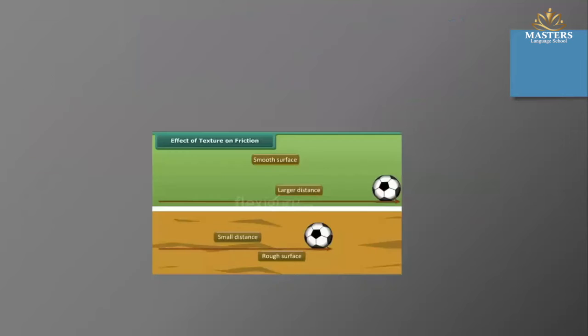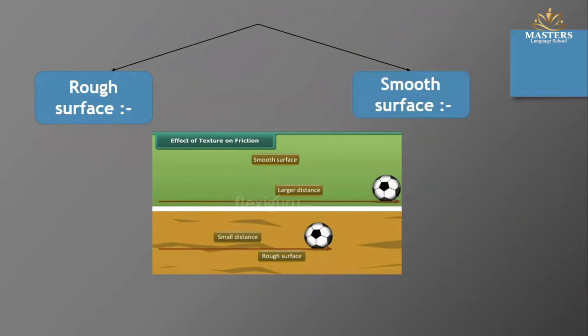Okay, let me answer. Now we have two surfaces. We have a rough surface and a smooth surface. Here is another question: why does the ball move a larger distance on a smooth surface and a small distance on a rough surface? Okay, let me answer.